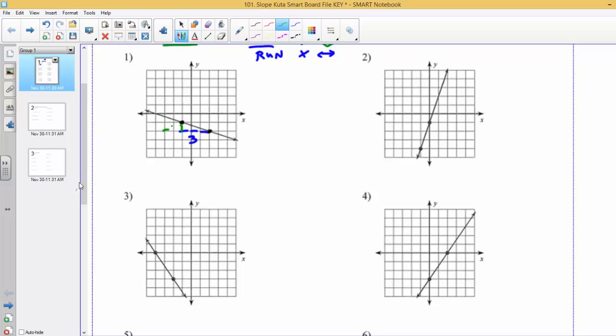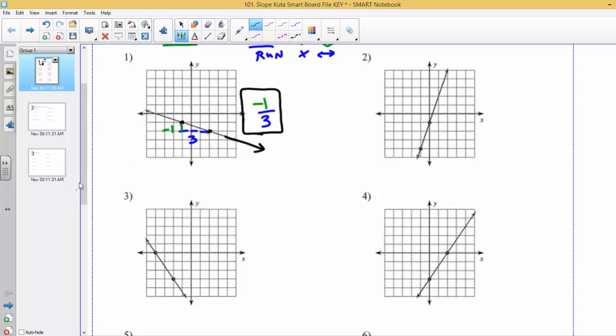So this is down 1 over 3. So your slope is negative 1/3. And that is it. When they're going down, it is negative. When the lines are going up, it's positive. So this is going down because it's continuing in the downward direction.